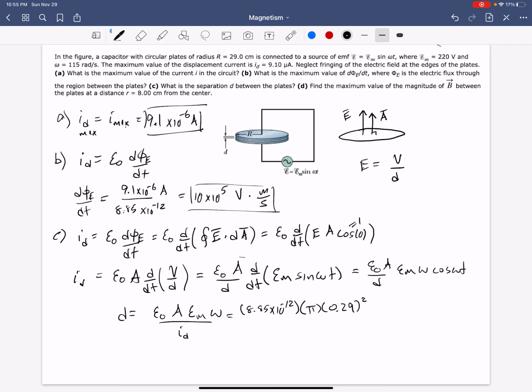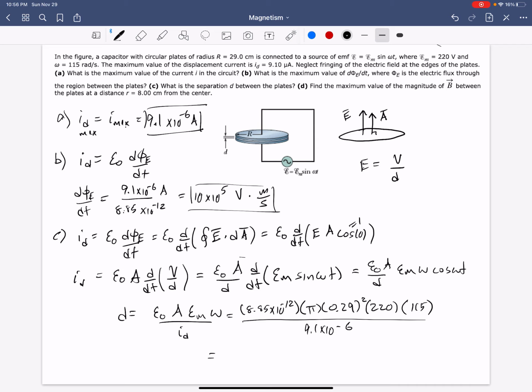Pi r squared, times the maximum voltage of 220 volts, times the angular frequency of 115, all over the displacement current value, which way back in part A was 9.1 times 10 to the minus 6.